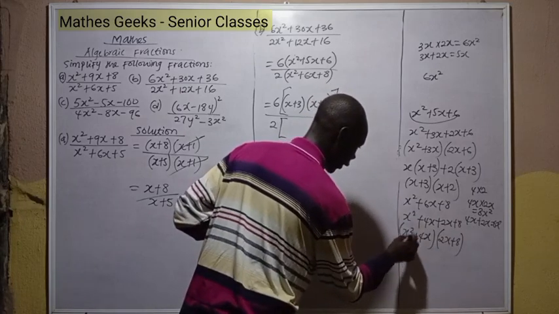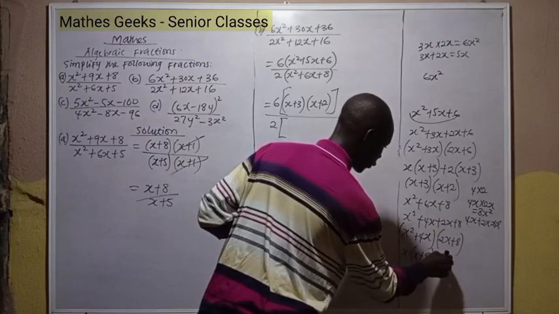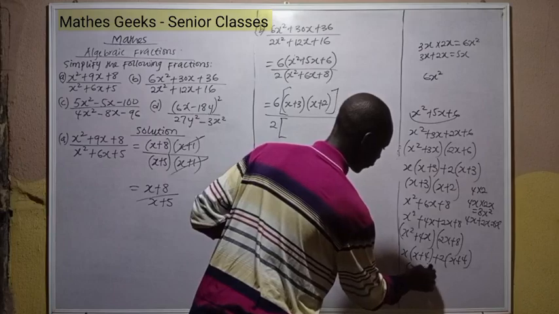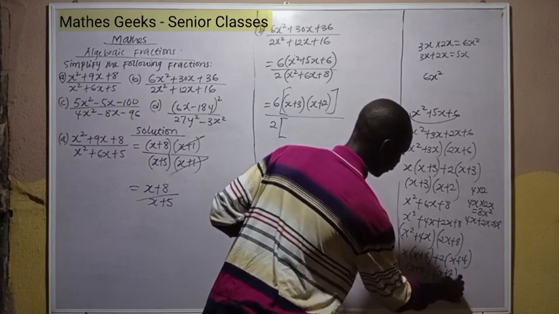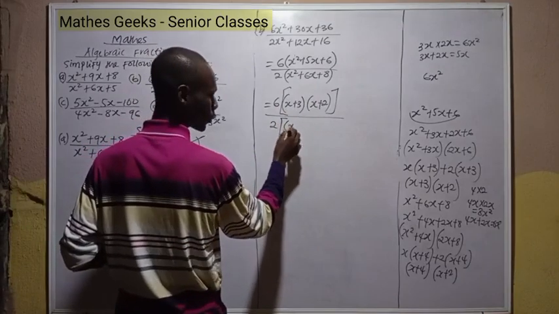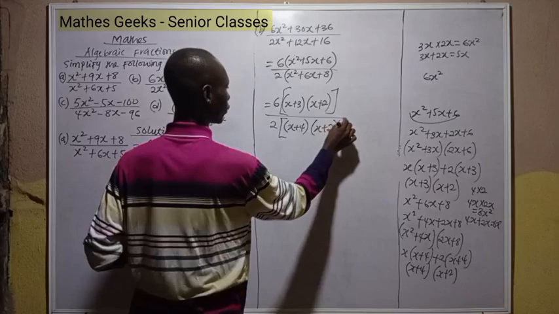This is equal to x plus 4 and x plus 2. So we'll put this in place of this here. This is x plus 4 and x plus 2.